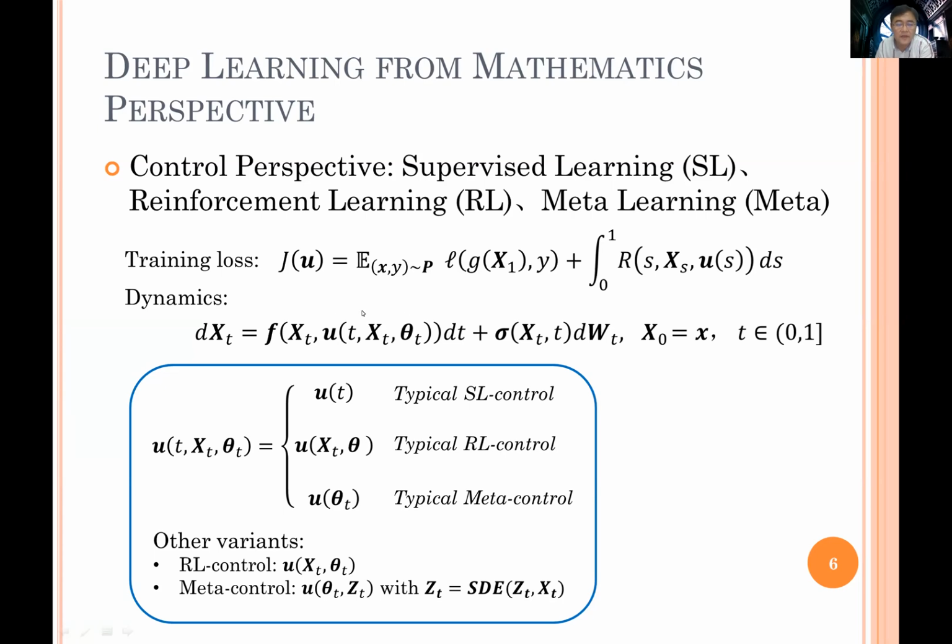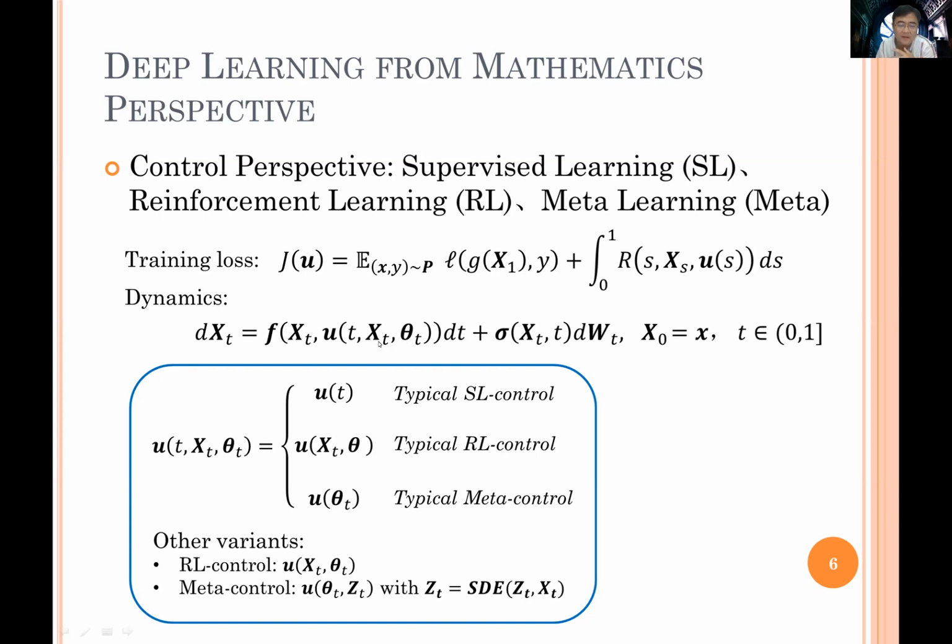The control is the parameters that we learn, and they take different forms in different learning regimes. For example, when we talk about supervised learning, the control parameter U itself is learnable. When we talk about reinforcement learning, the trainable parameters are actually in the policy, the agent, which decides how to act given the state x_t. And meta-learning is just a parameterization of your parameter.